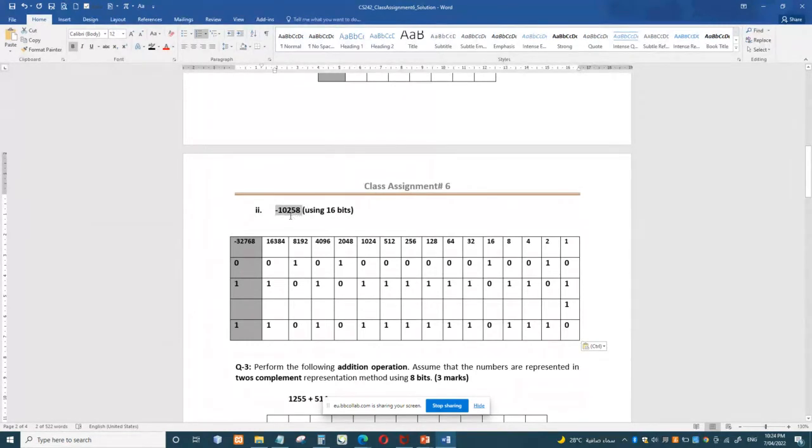That is another way of doing it, but this is the straightforward one. There is very little chance of making a mistake, and less calculation is required. That's why usually people like this one when you have a bigger number, not a number less than 100. When a number is big, and the number of bits you are using is also big, in that case it's better to use this particular method.